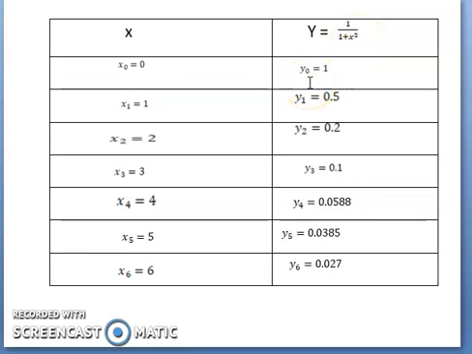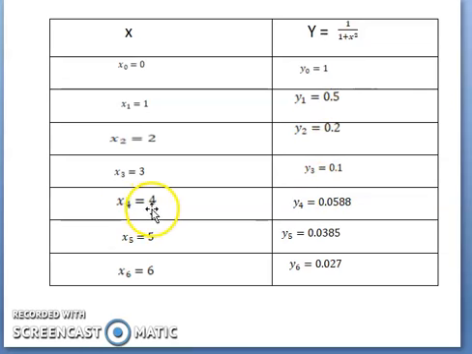So y0 is 1. Similarly, x1 equal to 1, 1 by 1 plus 1 squared, that means 1 by 2, which is 0.5. x2 equal to 2, 1 by 1 plus 2 squared, that means 1 by 5, which is 0.2. Similarly, x3 equal to 3, 1 by 1 plus 3 squared, that means 1 by 10, that is 0.1.